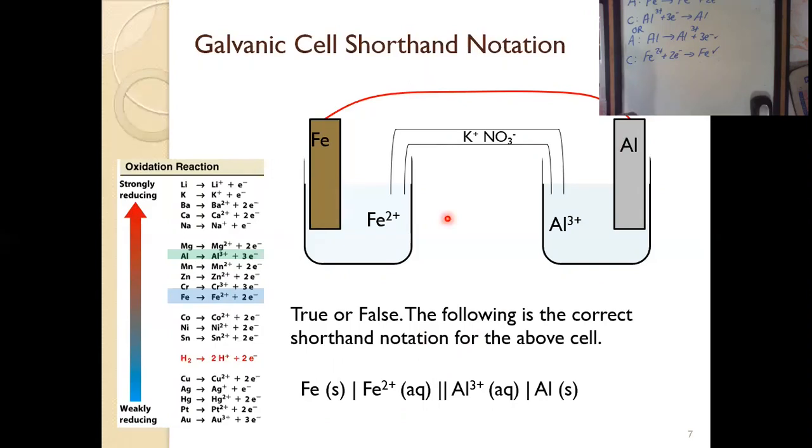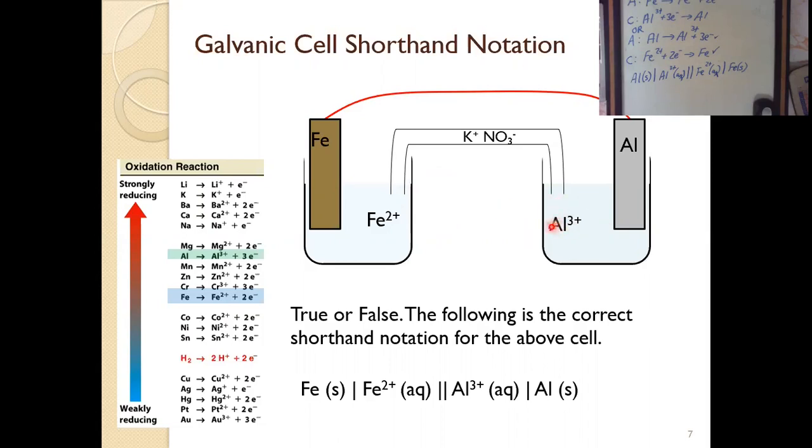So the correct shorthand notation is aluminum is the anode, single bar, oxidized to aluminum 3+ ions, double bar for the salt bridge, and then iron is being reduced at the cathode, Fe2+ aqueous, single bar, and finally the iron solid electrode. So that's the true shorthand notation to describe the actual spontaneous reaction occurring in this galvanic cell.